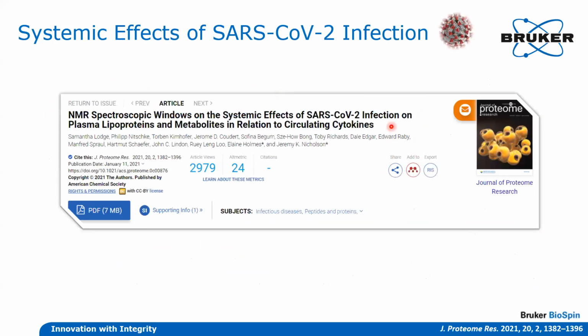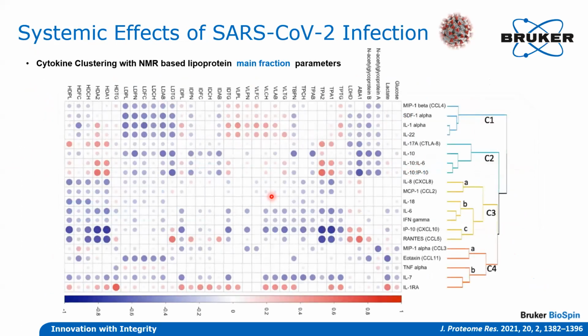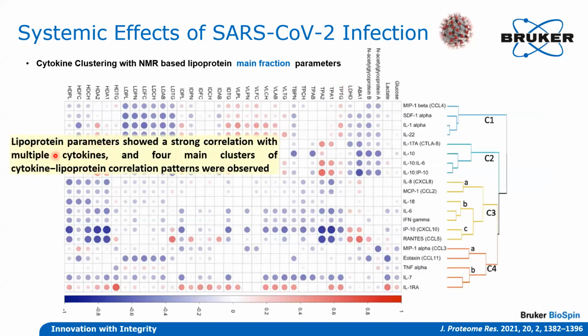In this paper, the group also tried to look into how the NMR data can be linked to the cytokines. They tried to correlate the cytokine results with the NMR-based lipoprotein main fraction parameters, which are obtained from the NMR spectroscopy data.